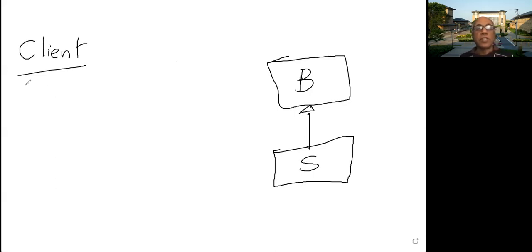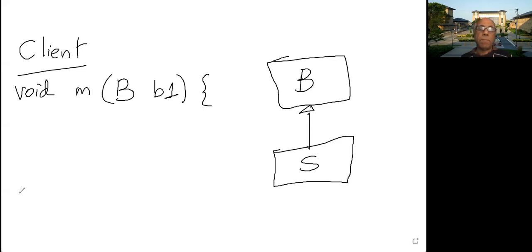So the code is written like this. Say void, I'm just giving an example, nothing else. Use B here, B1 here to do something.